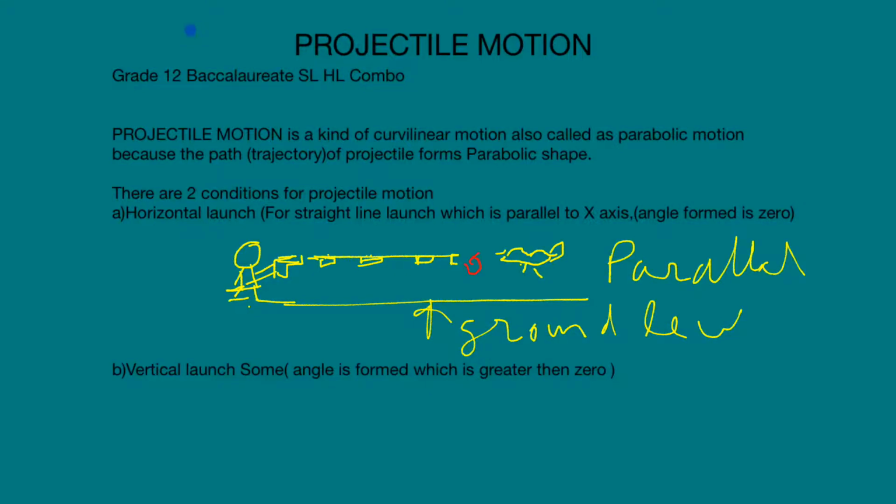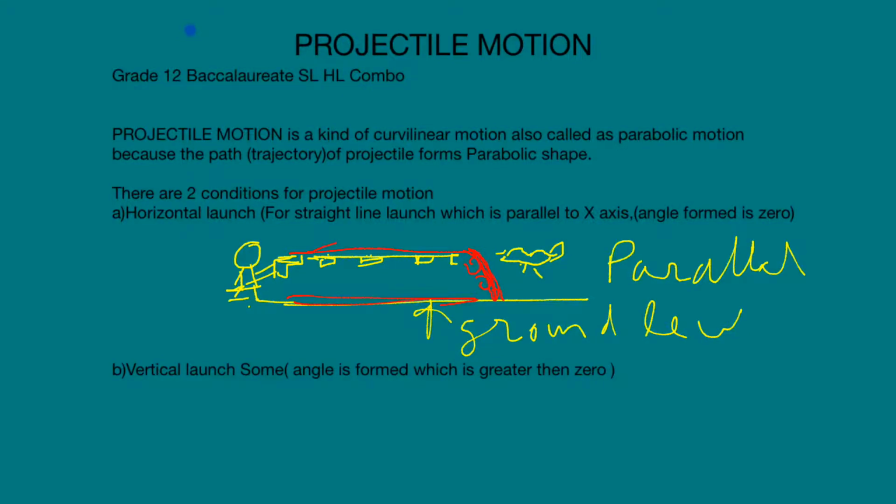It will fall like this. Here it is going parallel to the ground, then afterward it forms a curve. So this is horizontal launch. Whenever objects are thrown or shot parallel to the ground, they will run some distance in the parallel direction and then fall down. This type of launch is called horizontal launch.